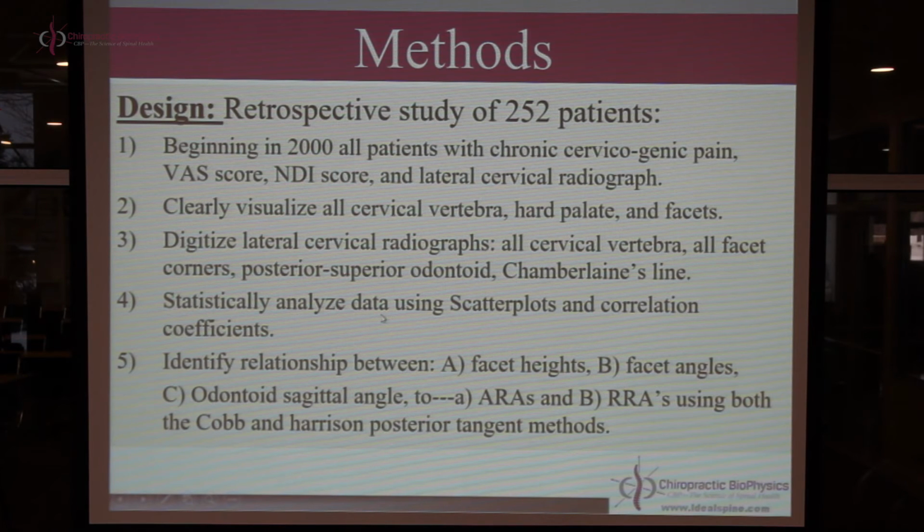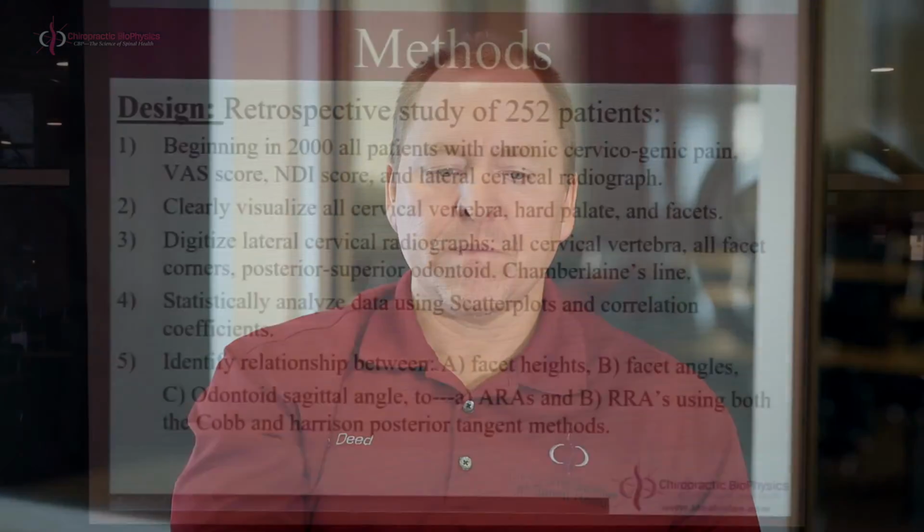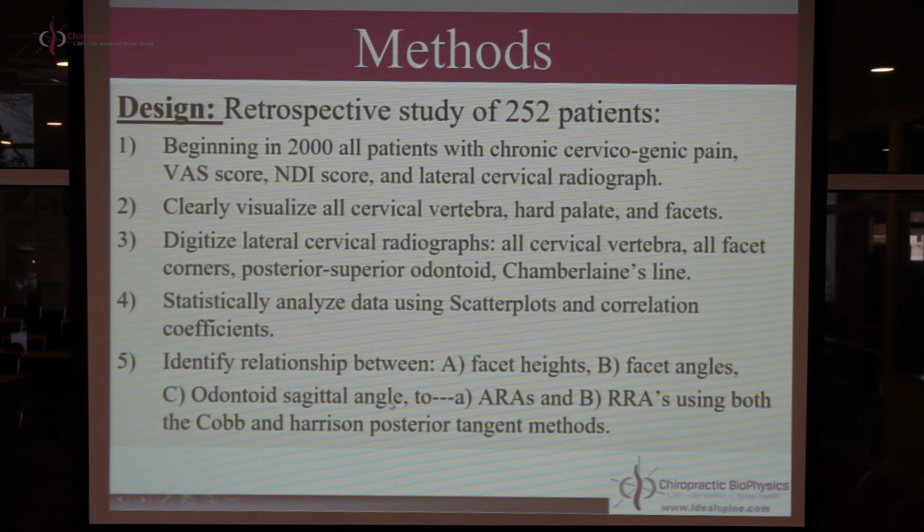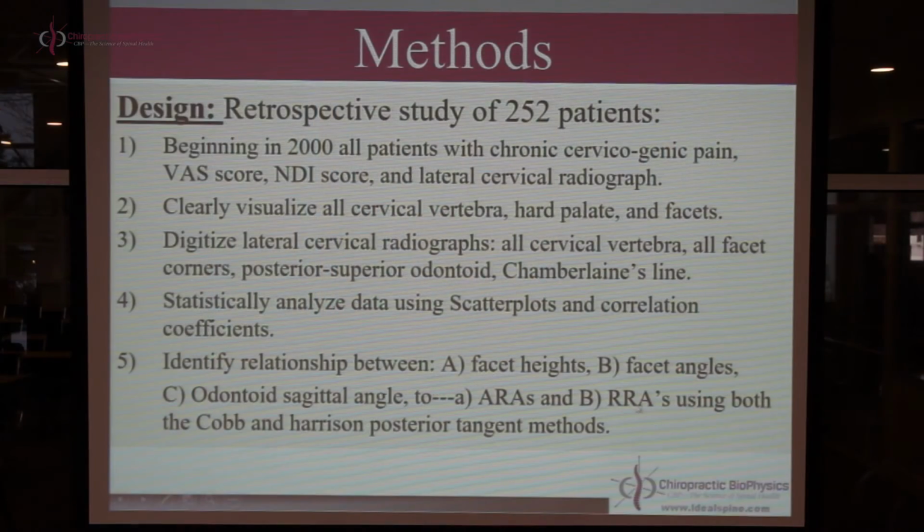Then we statistically analyzed these appropriately using scatterplots and proper correlation coefficients using the Pearson R. We sought to identify, is there any relationship between facet heights, facet height normalized to its vertebral body, facet angles, and the odontoid process in the sagittal plane relative to total angles of curvature, meaning ARA, absolute rotation angle, and RRAs, meaning relative rotation angles or segmental angles of curves. We used both Cobb angles and Harrison posterior body methods.